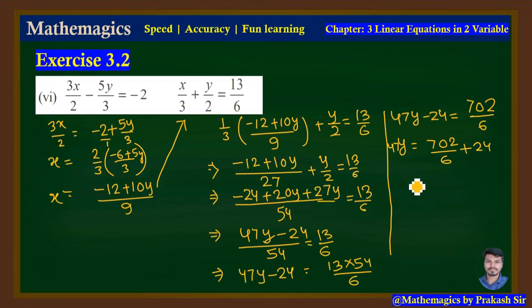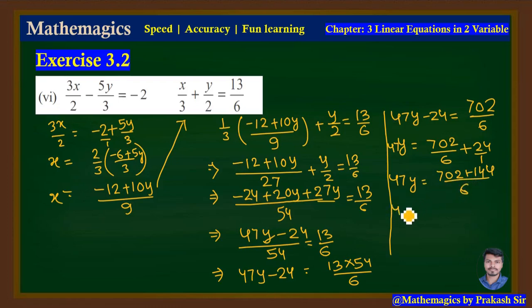Then finally 47y is equal to, I will be taking the LCM 6. This becomes 702 plus 144. Here I have taken the LCM and I have just added both the fractions.